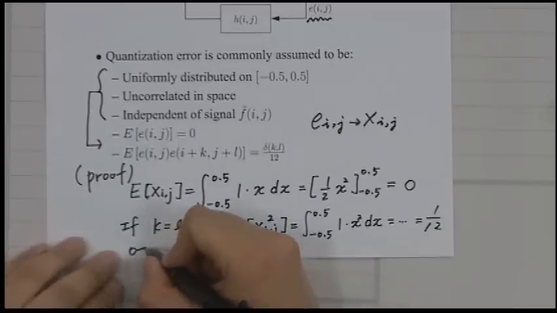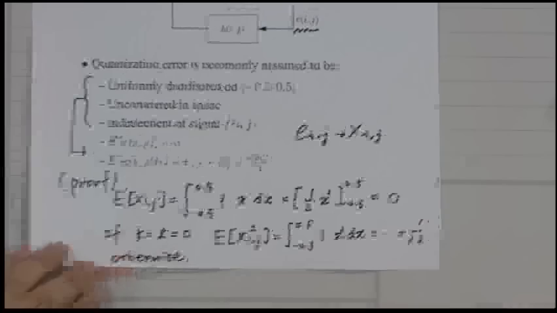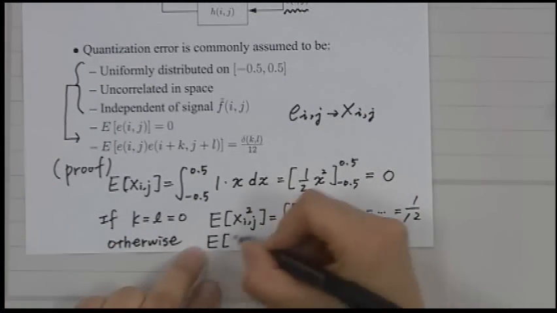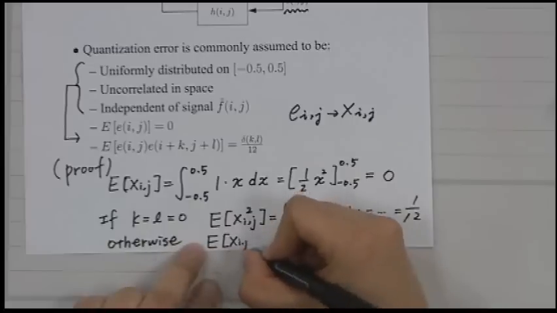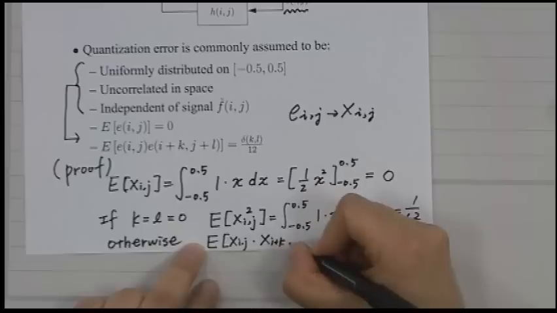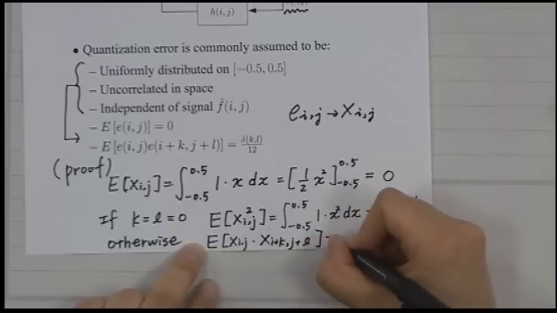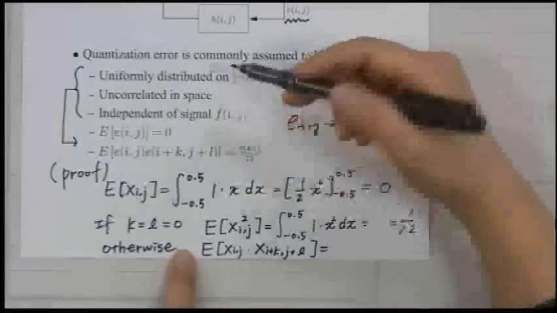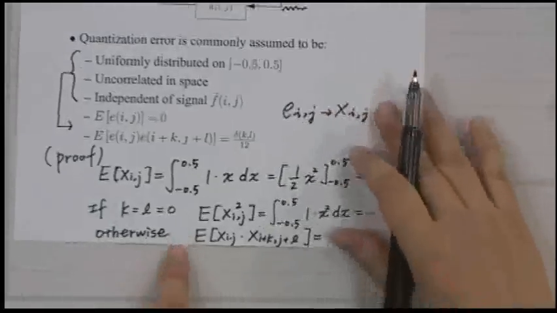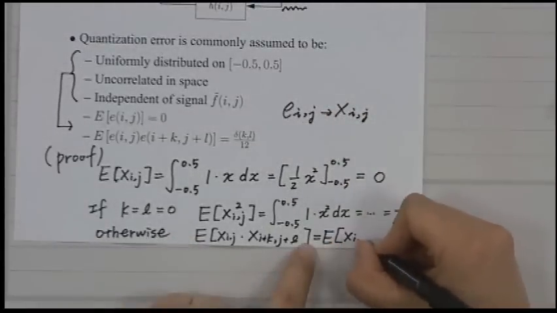Okay, how about the other case? Otherwise, we have Xij times Xi plus k, j plus l. Because of this assumption, they are uncorrelated, so we can separate it.